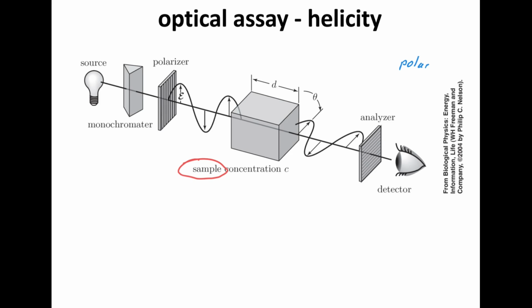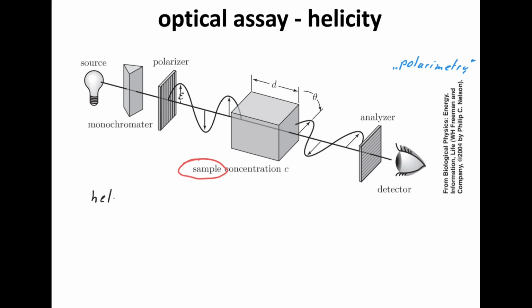Now, the sample contained a watery solution and proteins at a given concentration, small c. Then, after the light has passed through this sample volume, an analyzer was placed, and what you could observe is that there's a change of rotation of the polarization of the light.